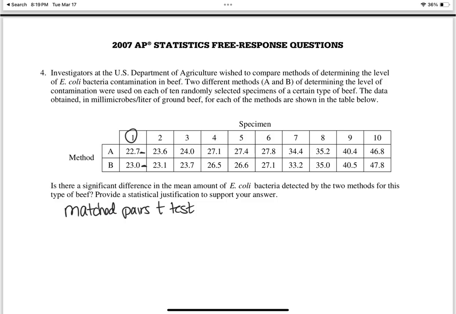So we want to determine the true mean amount of E. coli bacteria detected by the two methods.